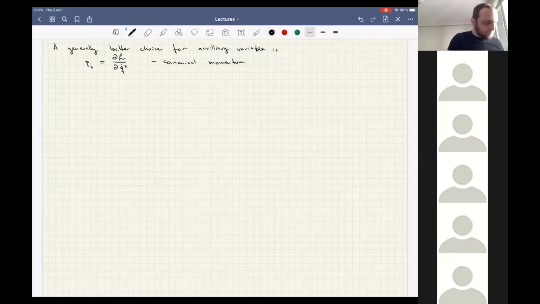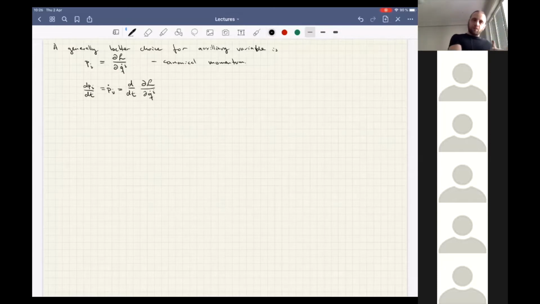because we know from Lagrangian mechanics that if we take the time derivative of this, so dp_i/dt or p dot i, that's just going to be d/dt of dL/dq dot i.